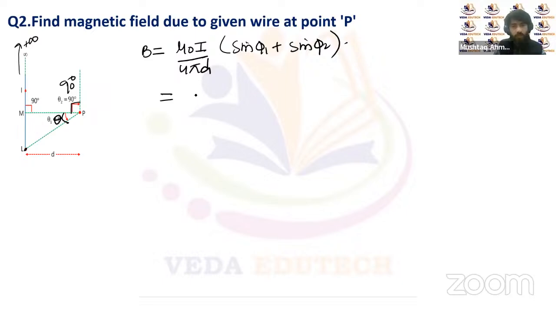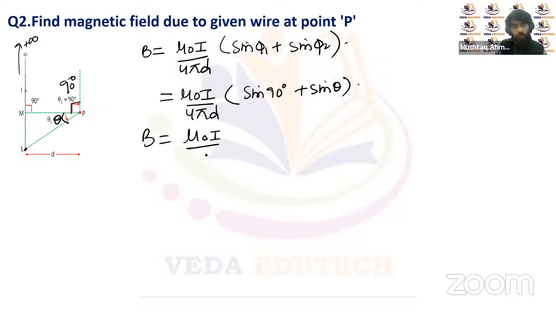So the net magnetic field at this point will be mu naught I upon 4 pi d times sine of 90 degrees plus sine of theta. So the net magnetic field will be mu naught I upon 4 pi d times 1 plus sine of theta.